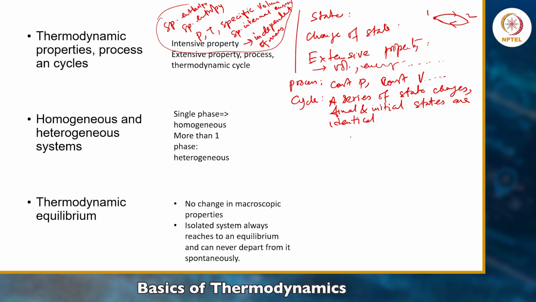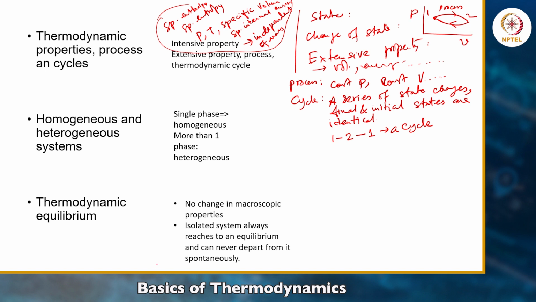If I draw it on a PV diagram, A to B is a process, 1 to 2 is a process, 2 to 1 is also a process. But if I go from 1 to 2, then 2 to 1 again, then it's called a cyclic process, a cycle.